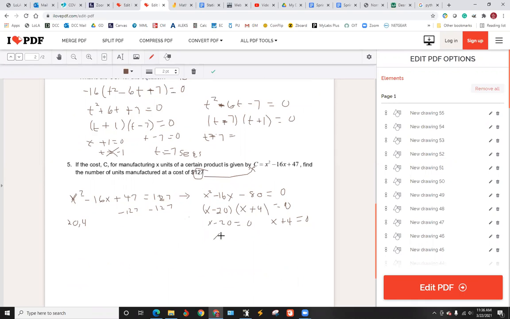So x is equal to 20. That's an equal sign. X is equal to negative 4. Again, you can't produce negative, so 20 units.